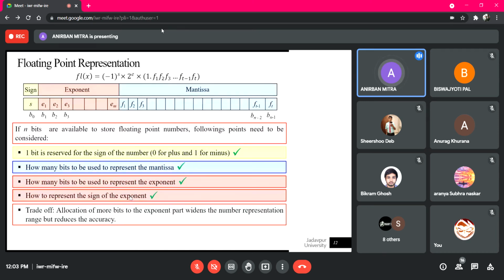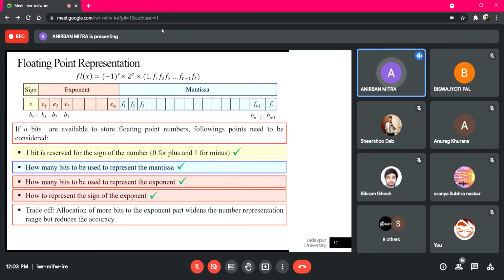Vice versa, if I increase the mantissa part as compared to the exponent, then I increase the accuracy of the representation, but I cut down on the range of numbers that I can represent. So there needs to be a trade-off between them. I have to select a suitable value for the number of bits for the exponent m, and the number of bits for the mantissa t.